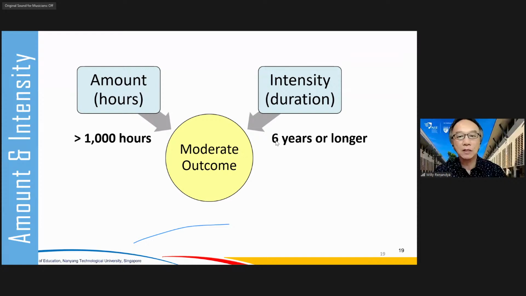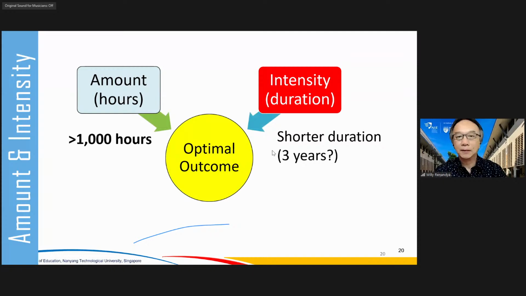Yeah, I think what we need is this. Look at this. This is the same graph, yeah? Number of hours, the same. No change, 1,000 hours. But the intensity, the duration should not be 6 years. Reduce it to 3 years if you can. As I said early on, it has implications.